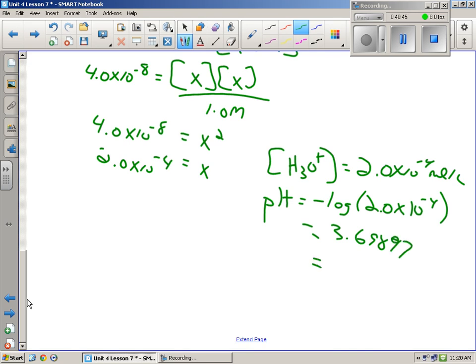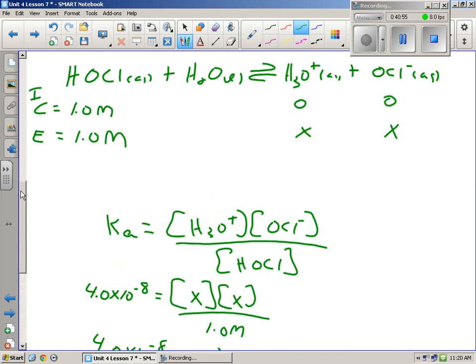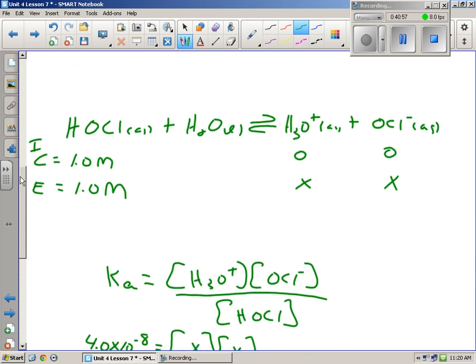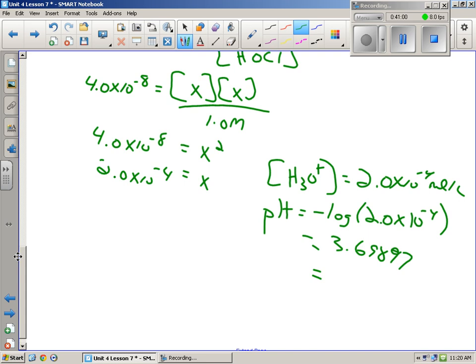Don't forget significant digits. Okay, I didn't really do a good job of that today just because I wanted to show you the differences. Significant digits, remember you had 1.0 in the initial question, so that's 2 in the concentration, which means 2 after the decimal. So I got to round it to 3.70.